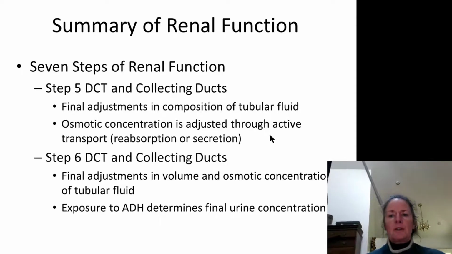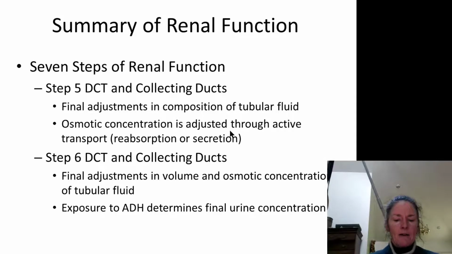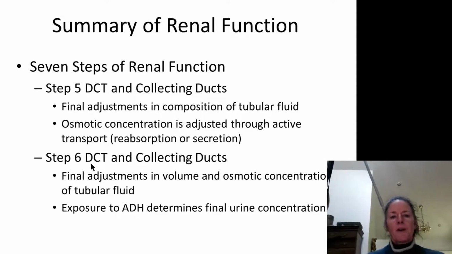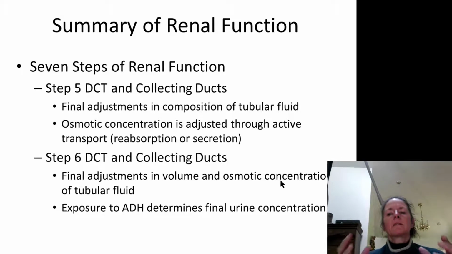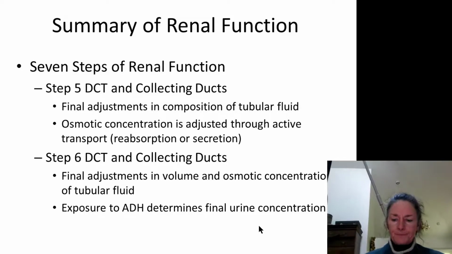We will also see at this area, we're going to be adjusting some of our bicarbonate ion and our hydrogen ion as well. Finally, in our distal collecting tubuli and our ducts, we're going to have, once again, our final volume of urine and osmotic concentrations of the tubular fluid. By the time we get into the collecting duct, the filtrate will be basically urine at this point.